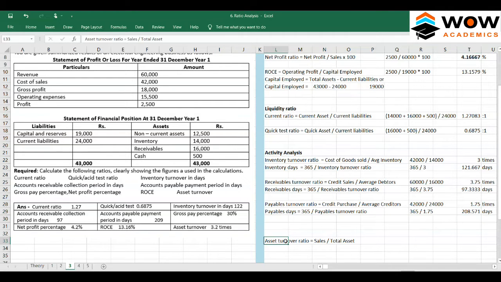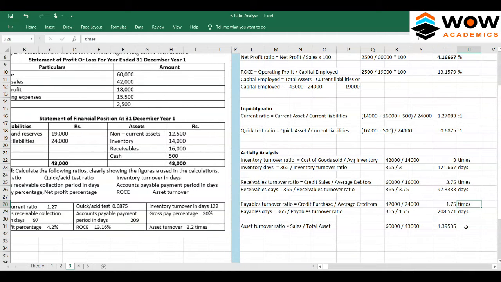So the last ratio that we have is asset turnover. So for asset turnover, we need the sales. Sales is 60,000 divided by total assets. So total asset is 43,000. So the answer will be in times.